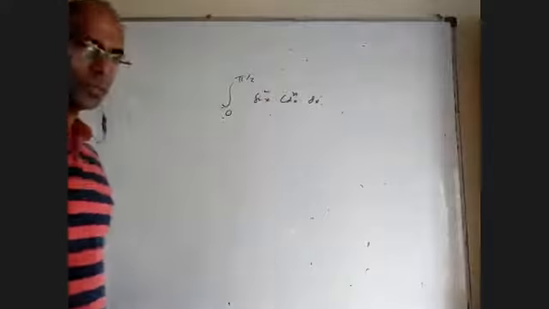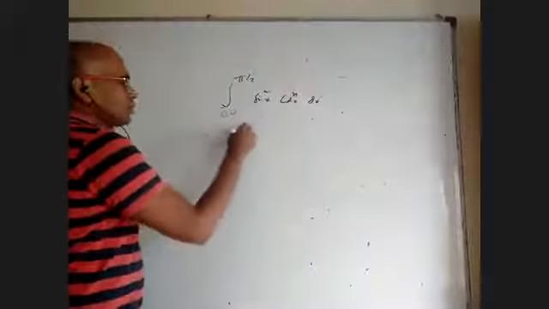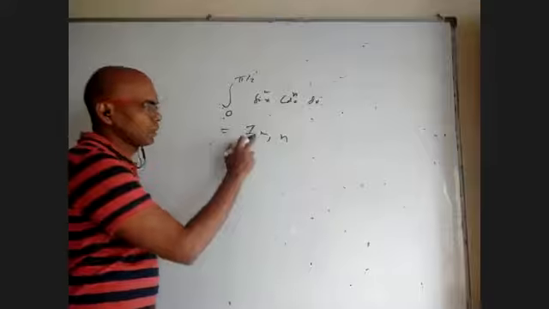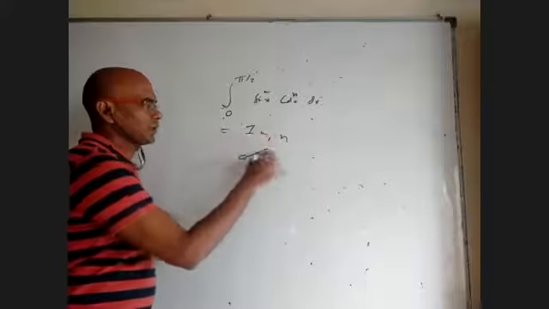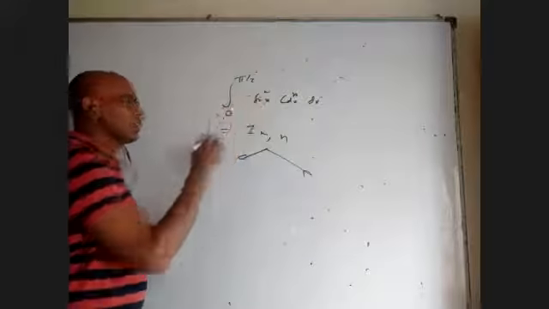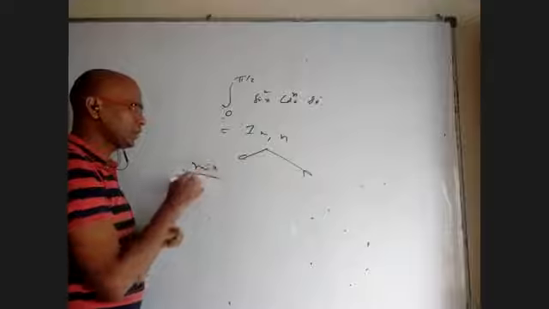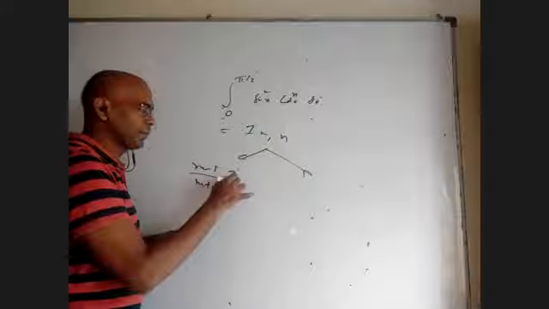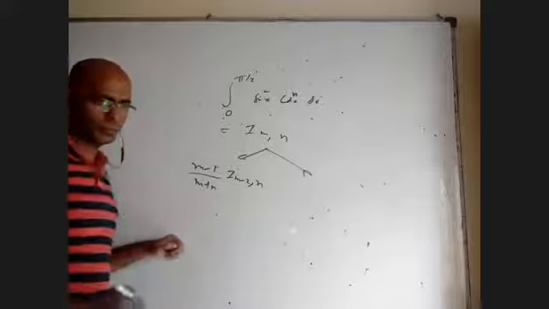Coming back to this one, if you call this I m comma n, we can decrease the power of sine or the power of cos, two methods. If you want to decrease the power of sine, it will be m minus 1 by m plus n times I m minus 2 comma n.